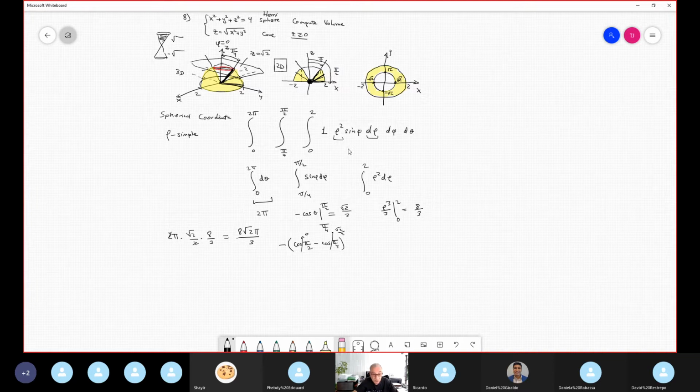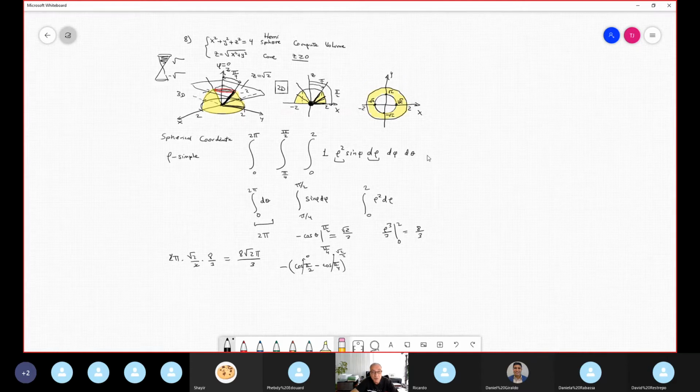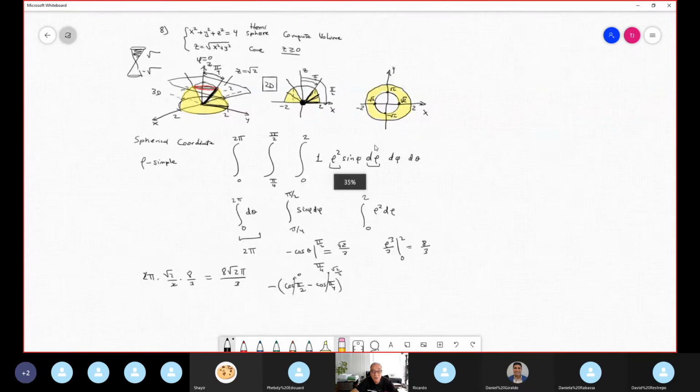Of course, we can separate in 3 simple integrals like calculus 1, compute separately, and finally multiply. It's the beauty of this. It's fantastic, amazing, magic.